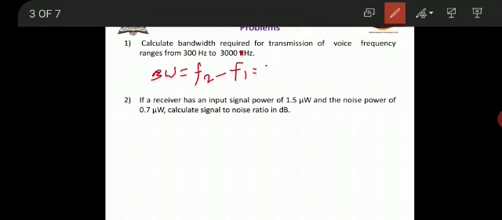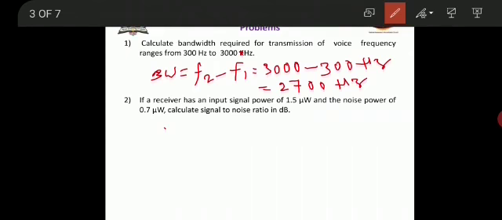Here in voice frequency, the higher frequency in the range is 3000 Hertz, minus 300 Hertz. So it is just a subtraction of these two figures. It becomes 2700 Hertz. This is the bandwidth required for transmission of these voice frequencies.